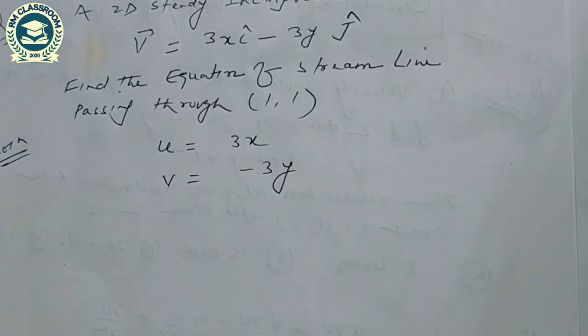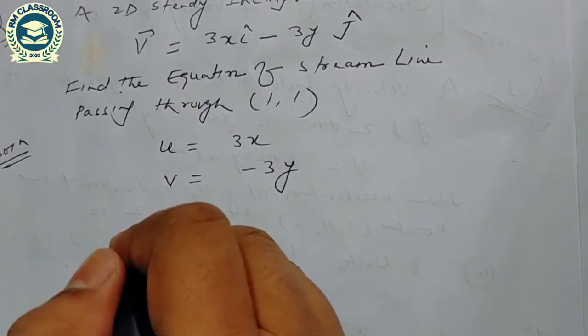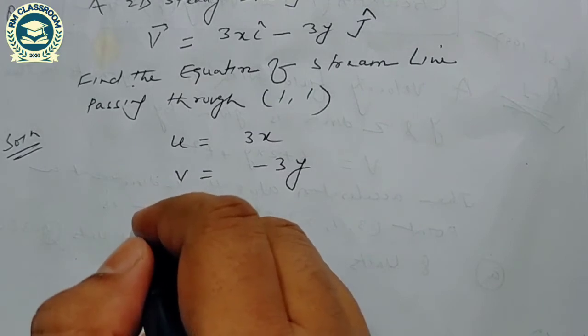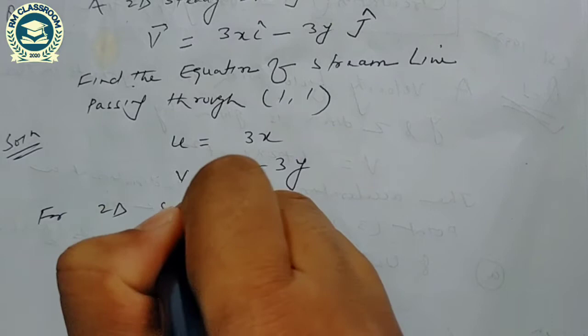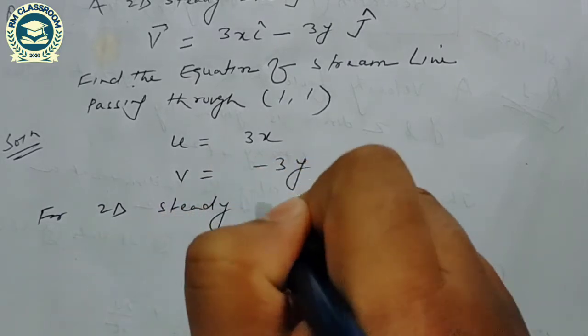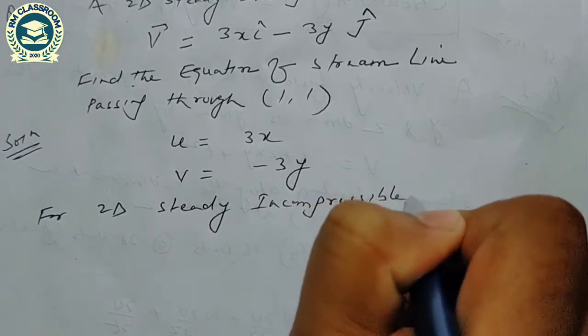So before I write the equation of a streamline, firstly we have to check whether flow is possible. If flow is not possible, then no question will arise, there will be no equation of a streamline. So for the possibility of flow, we have to check the continuity equation for two-dimensional steady incompressible flow.